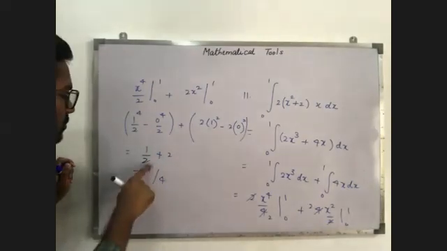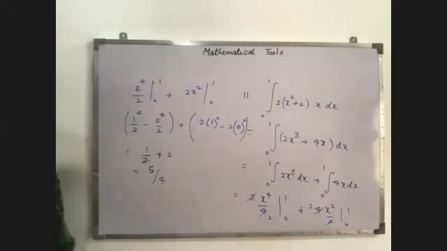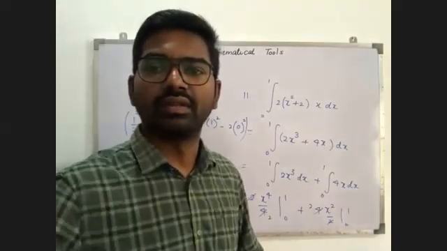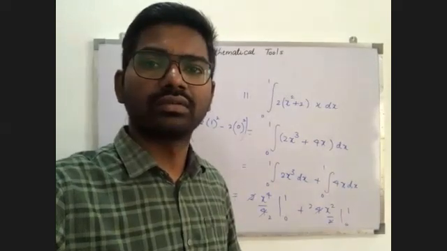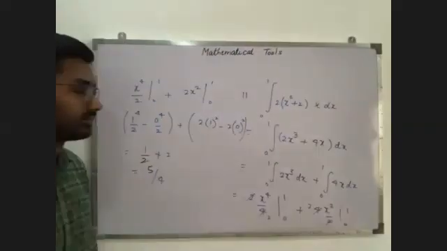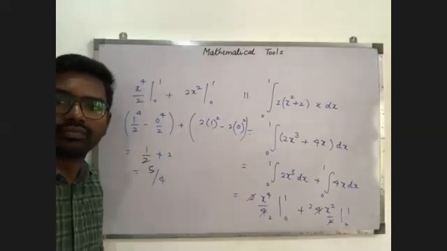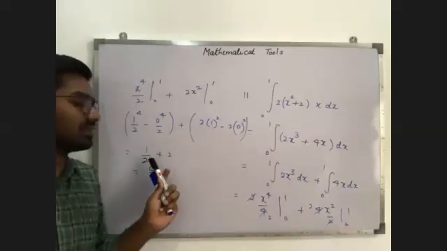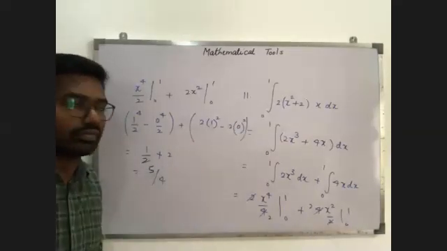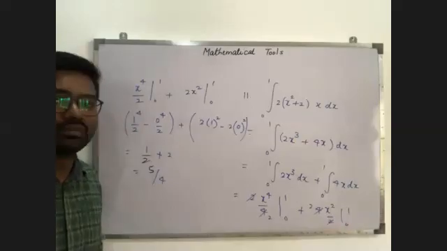So 1 by 2 plus 2, that is 5 by 2. Right, that was a calculation mistake. Now clear to everyone? Last one. Is it clear? Here one mistake was there. Here 1 by 2. Okay, so everyone note it down.